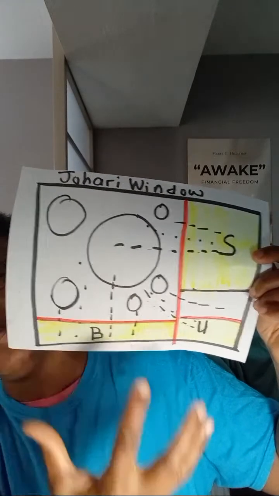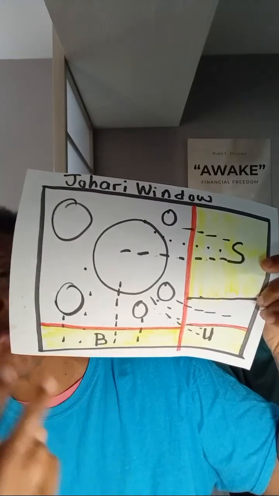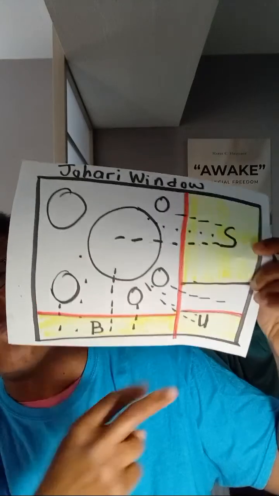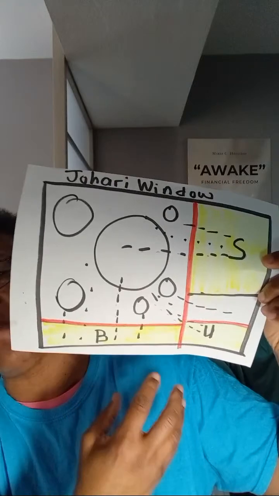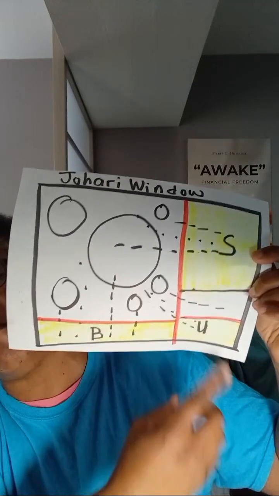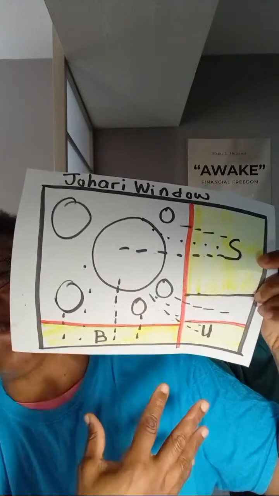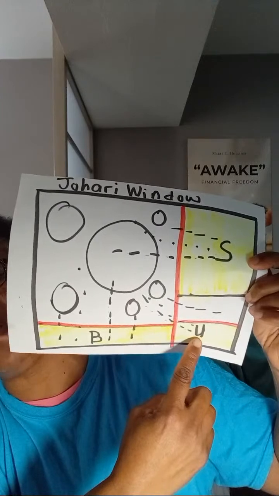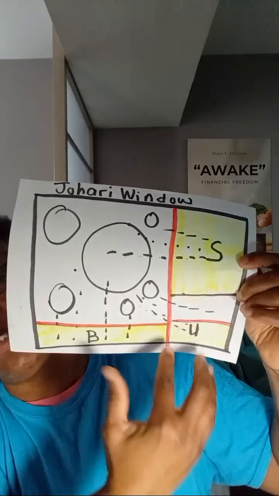And then with the unknown area of the Johari Window, those two psychologists that created this window and wrote these books, with the unknown area we talked about those repressed memories that have to be dealt with in individual therapy by licensed mental health therapists. Over time, they will help that individual to surface some of that information from the unknown area.